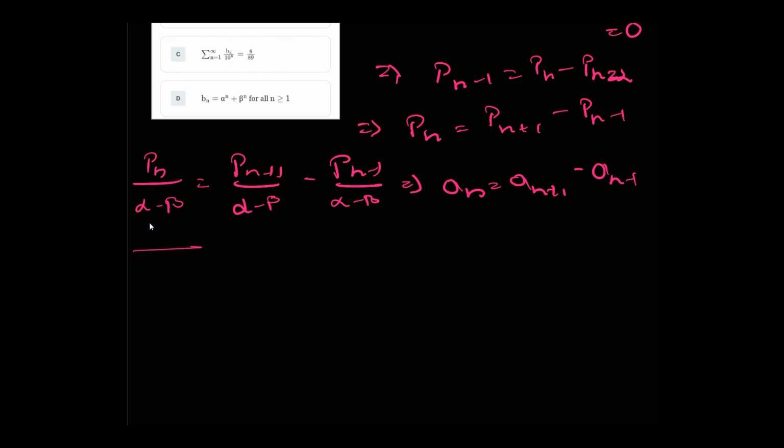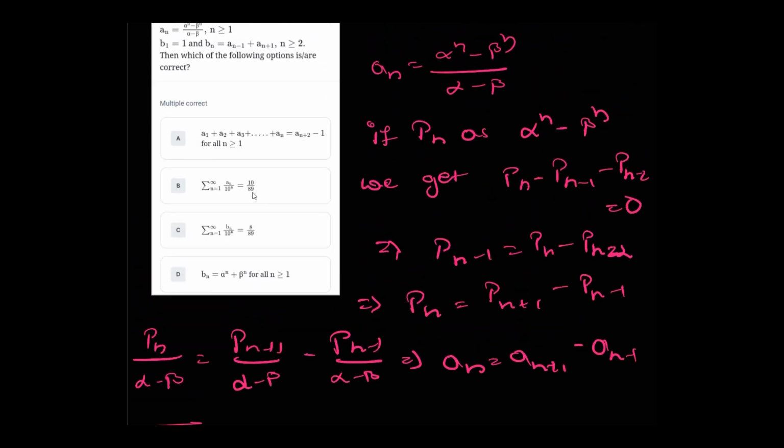Now, from the question, as this is a multiple correct answer, we will go by options. The first option is a1 plus a2 plus so on an equals to an plus 2 minus 1 for all n greater than 1.